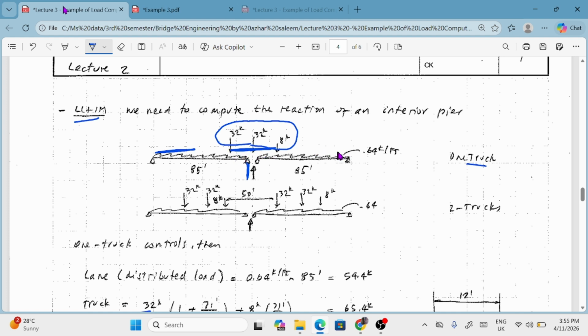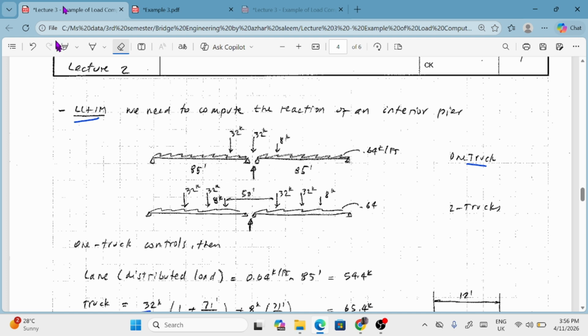If we place a single truck here and remove this, the load on this interior pier will be less. So we have to choose the position of the truck that gives the maximum load to this pier. This is its worst situation, and we calculate this load.